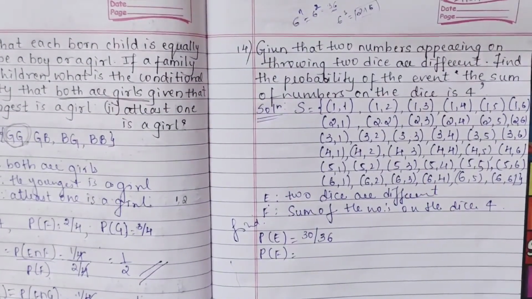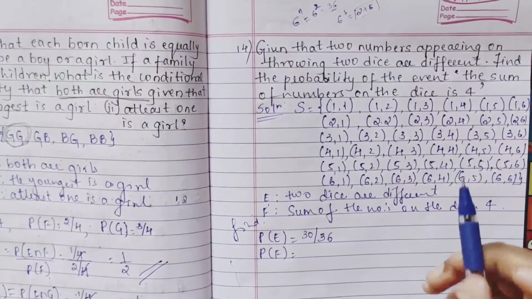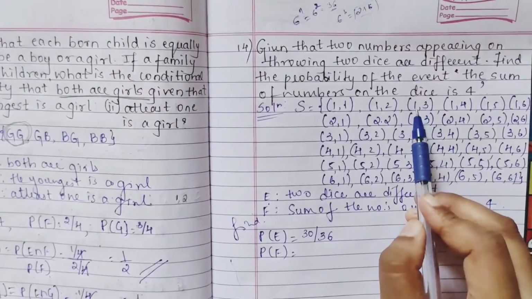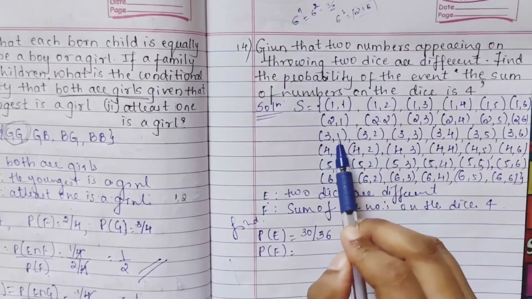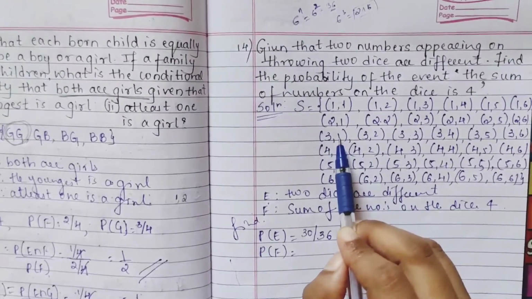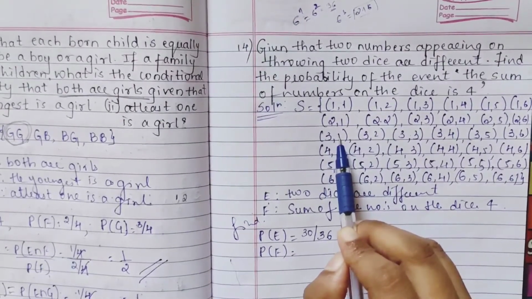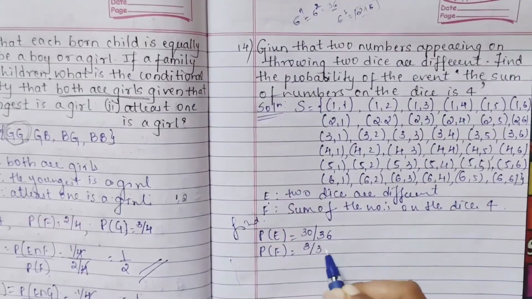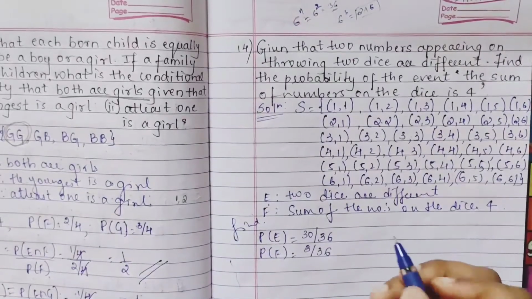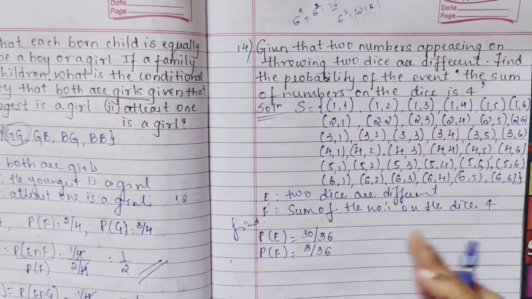Considering those whose sum will be 4: 3 plus 1 is 4, 2 plus 2 is 4, again 1 plus 3 is 4. Anything else which you get 4, no, only these 3, right? 1 2 3. So you will get 3 by 36, right?